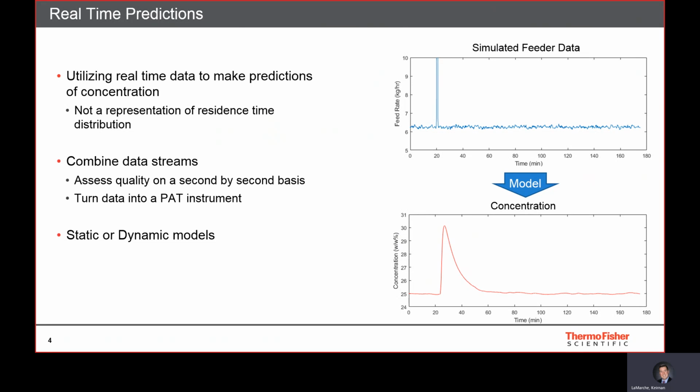This is using data and the model as a PAT instrument. In the example shown here, you can see an upset in feed rate from one of the feeders, and this information travels through the model and results in a prediction of the concentration shift for this material. So the real-time predictions can work with either steady state or dynamic models.